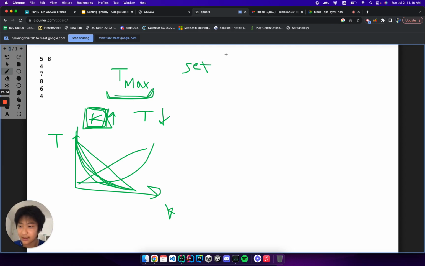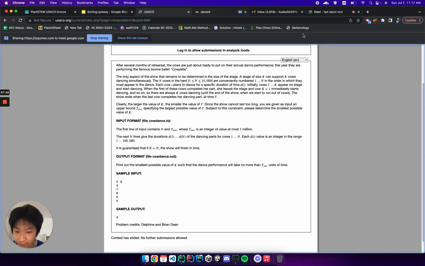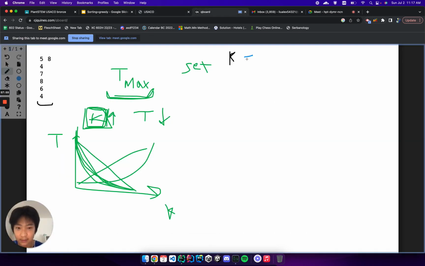So let's have a specific example, using the sample here. What's the actual answer? 4? Okay, let's use k equal to 3. Basically, we maintain a set, and we make sure the set is always of size k.